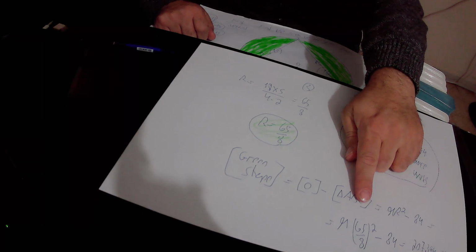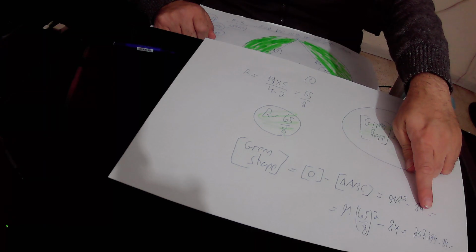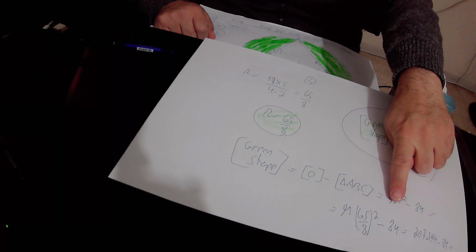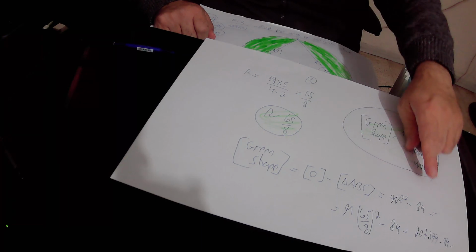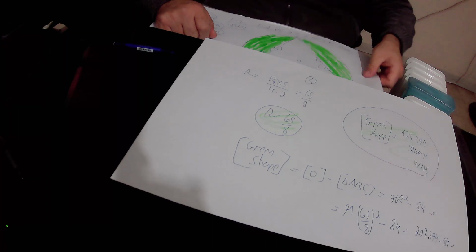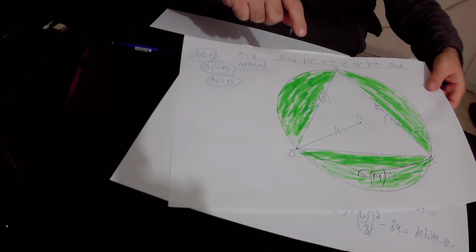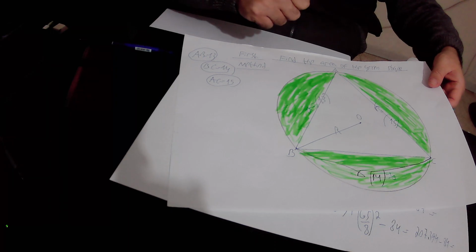Pi times 65 over 8 squared equals 207.394 square units, minus 84 square units. 207.394 minus 84 equals 123.394 square units. So we found that the area of this green shape according to the first method equals 123.394 square units. We finished with the first method.